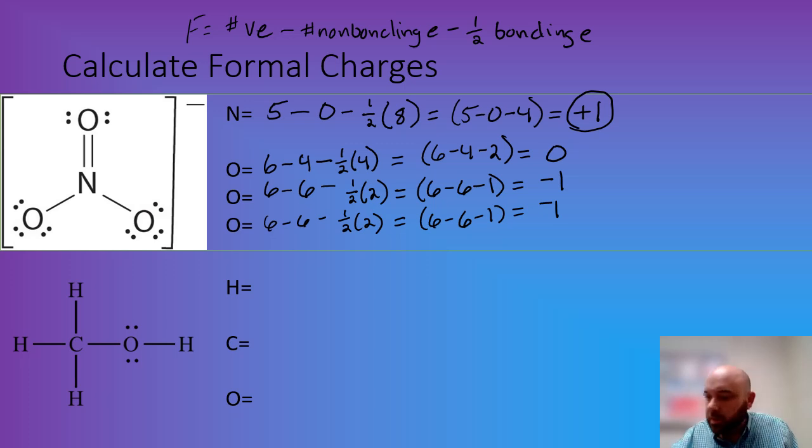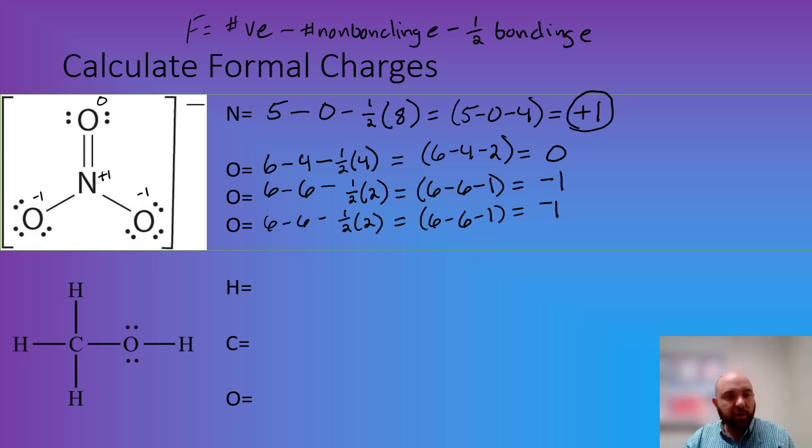And we have shown here that our nitrogen has a +1 formal charge. This oxygen has a 0 formal charge, and each of these has a -1 formal charge. Now it's important to stop and say that these are not actual charges on these atoms. It's just a way of keeping track of some of the bonding.